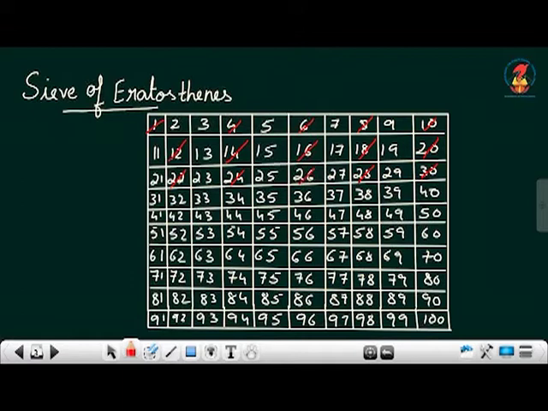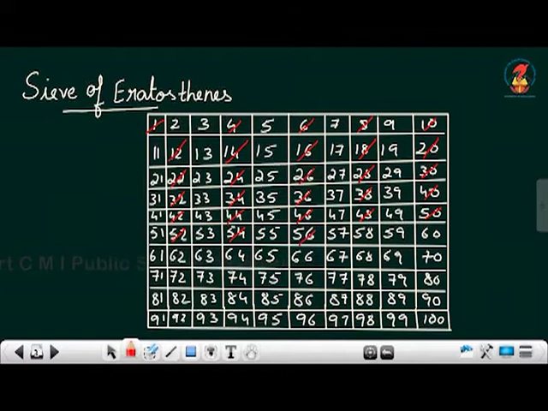All the multiples of 2 you will cross out. 32, 34, 36, 38, 40, 42, 44, 46, 48, 50.